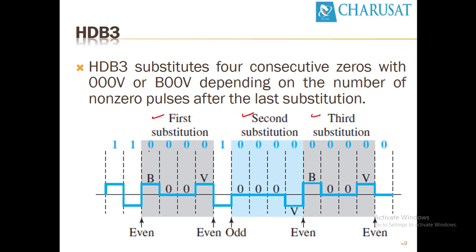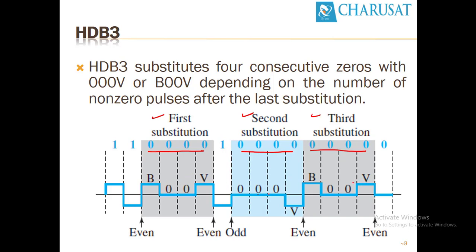But before that, look at this. These are the 4 consecutive zeros in the input stream. This is the first 4 consecutive zeros, second, and third. For the first, it is replaced with positive 0, 0 and V. For the second substitution, it will be replaced with 0, 0, 0 and V only. So it won't have a positive over here, but this V gets a negative. And then for the third substitution, it will repeat B00V.